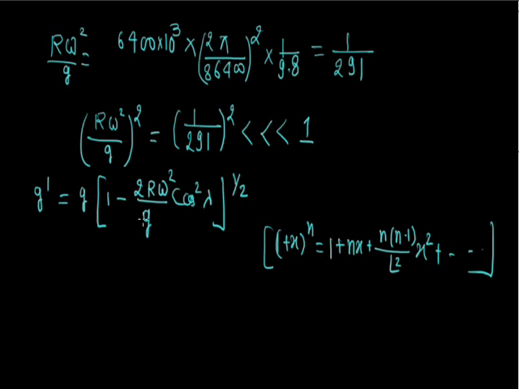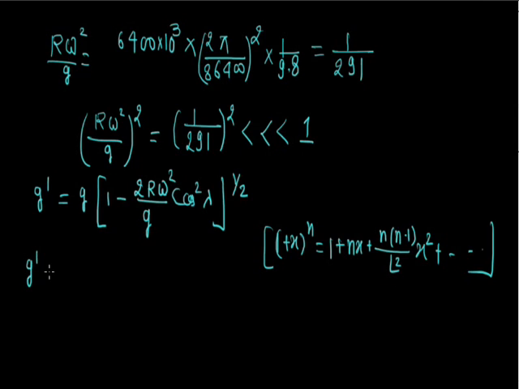When we expand this term, we will get higher powers of x, and here x is 2R omega square upon g cos square lambda. As we know that R omega square upon g is very much less than 1, higher powers of this term will be even smaller, so we can neglect the higher powers of x.